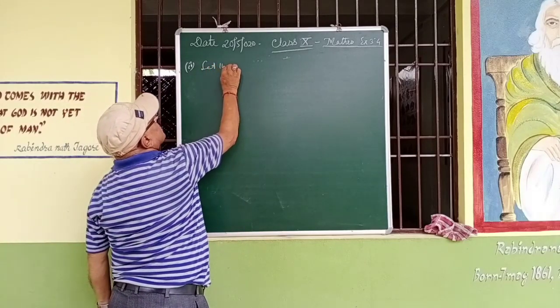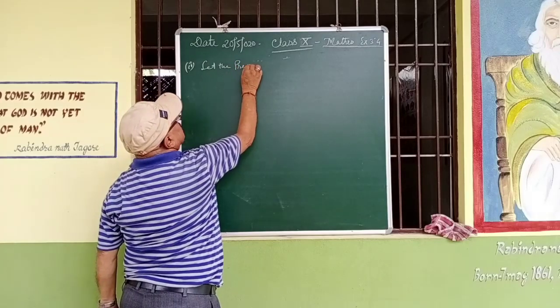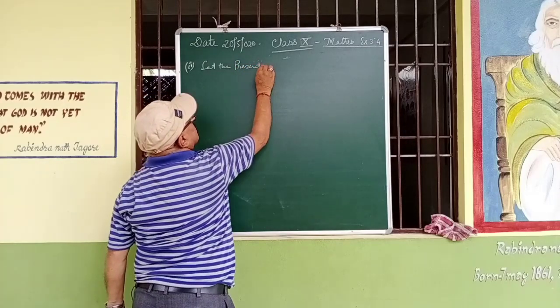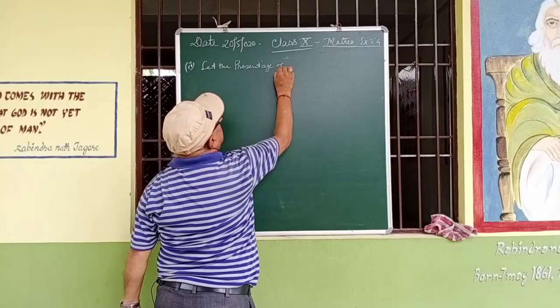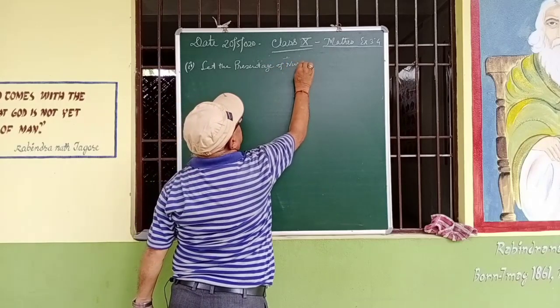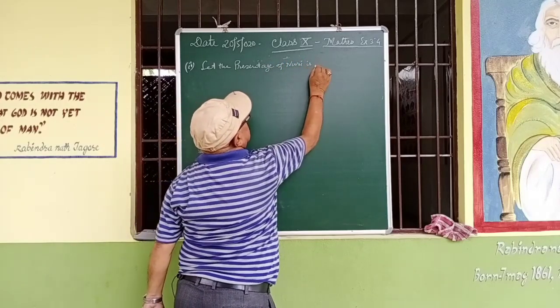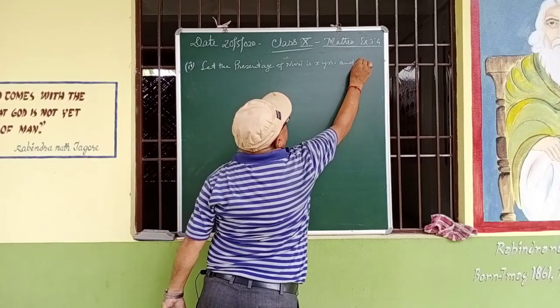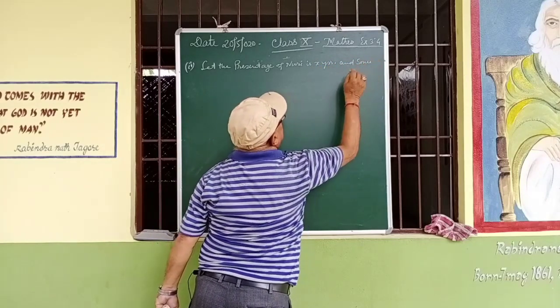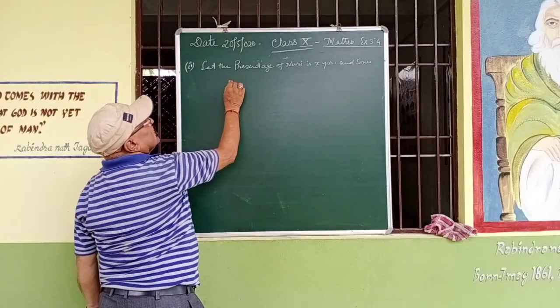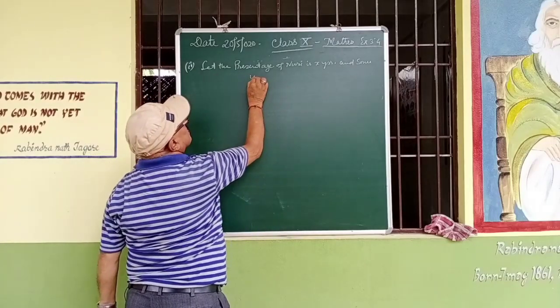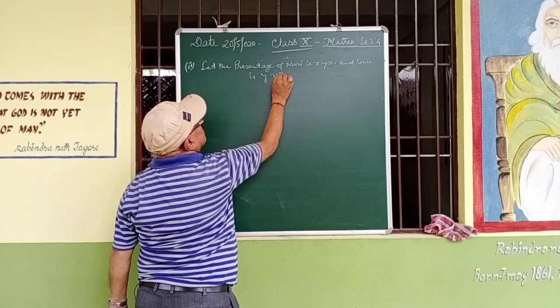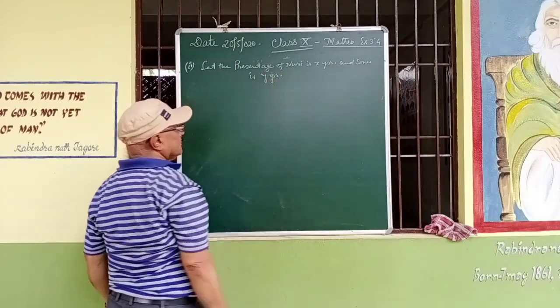Let the present age of Nuzi be x years and Sonu be y years.